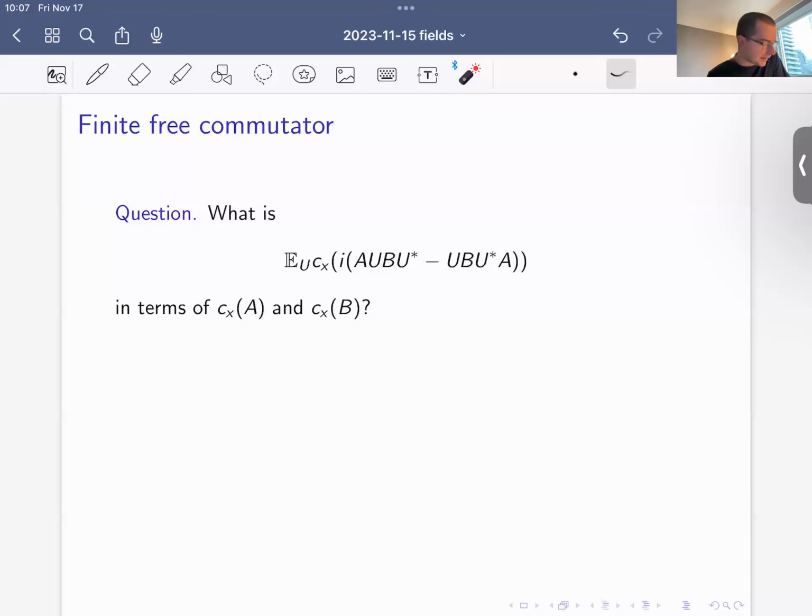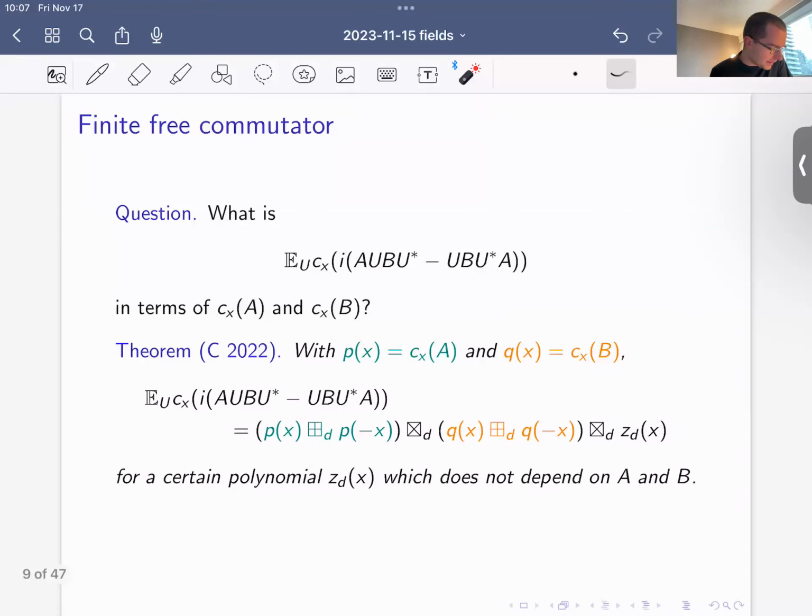This is, I guess you could say, the next natural question after sums and products, especially if you know about the history of free probability. This was solved in free probability using free cumulants in the 90s. So, right, the answer is the main theorem from this paper that I'm presenting.